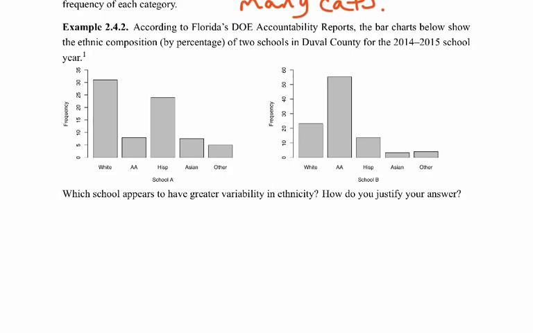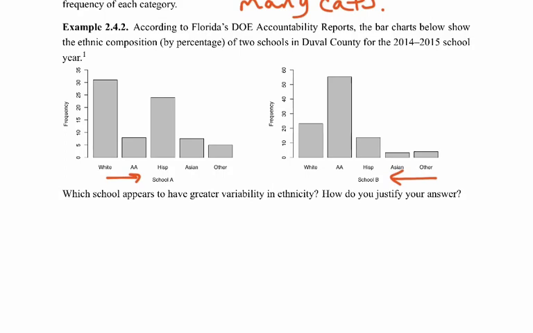So this is according to Florida's DOE accountability reports. The bar charts below show the ethnic composition by percentage of 2 schools in Duval County for the 2014-2015 school year. We've got school A over here, and we've got school B over here. Notice these are bar charts, and they're given in frequencies, so we can see the frequencies.